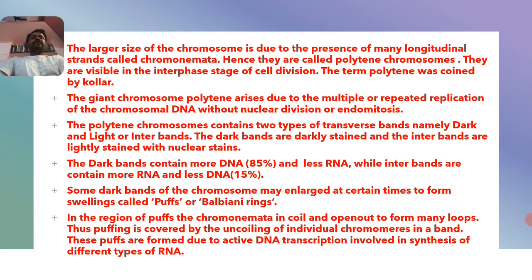The large size of the chromosome is due to the presence of many longitudinal strands called chromonemata, means the arms of the chromosome. Since many longitudinal strands are present, it is called a polytene chromosome. Poly refers to many, and tene refers to thread.